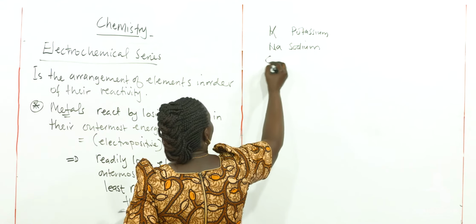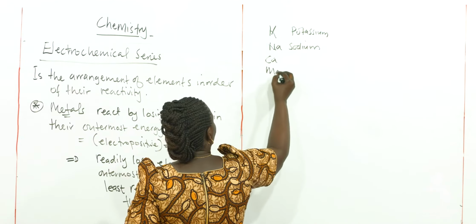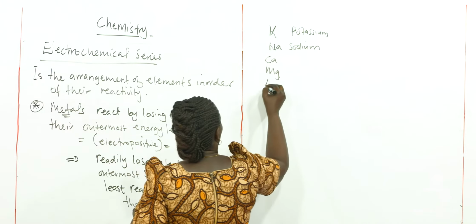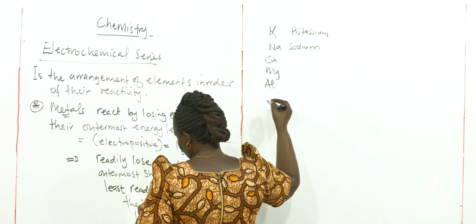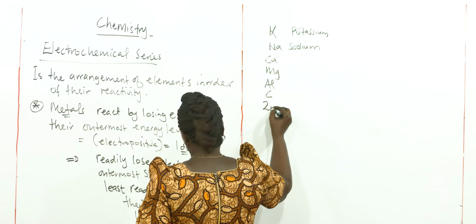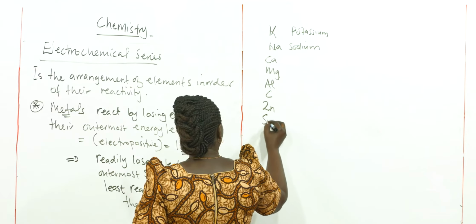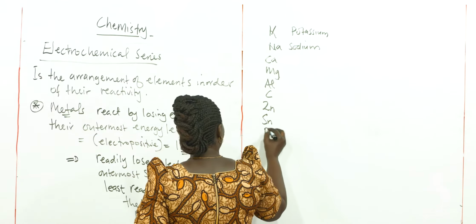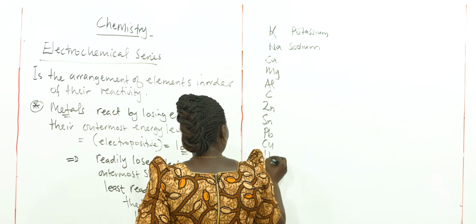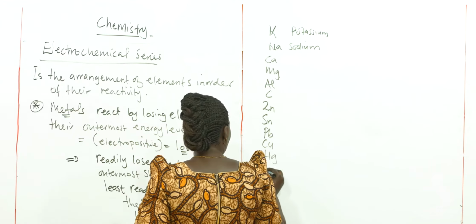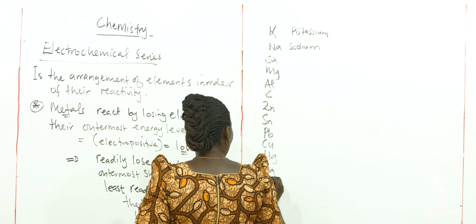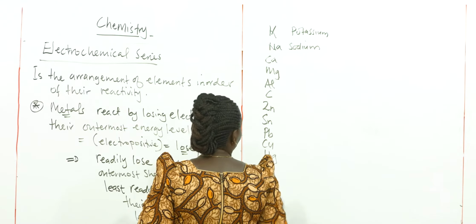We have calcium, magnesium, aluminum, carbon, zinc, tin, lead, copper, mercury, silver, and then gold.